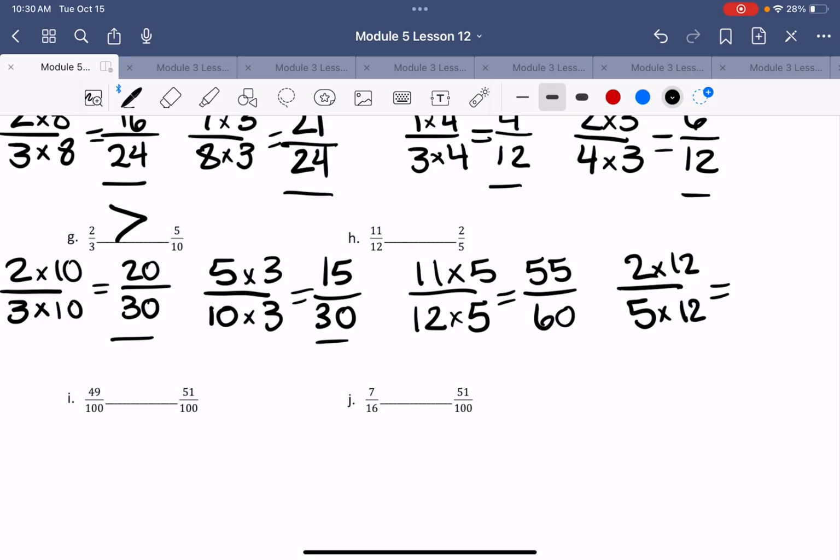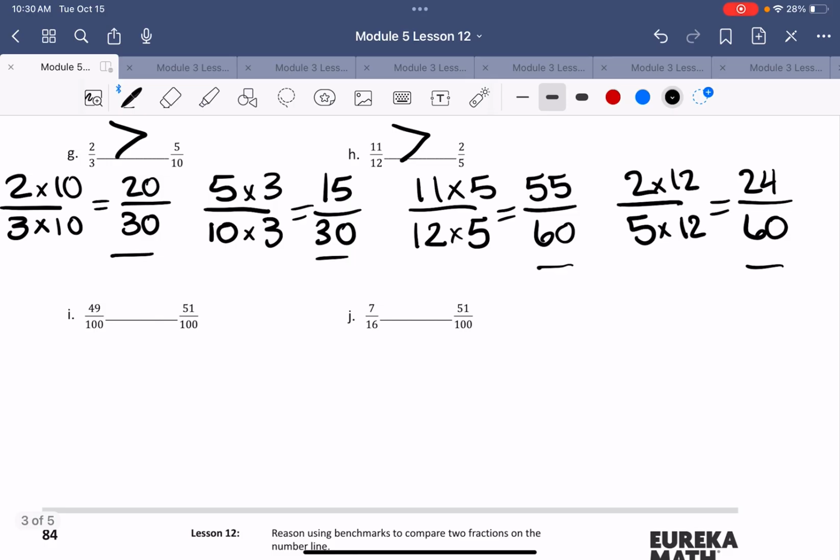And we get 24/60. Is 55/60 or 24/60 greater? So 11/12 is greater. We're going to do one more problem.